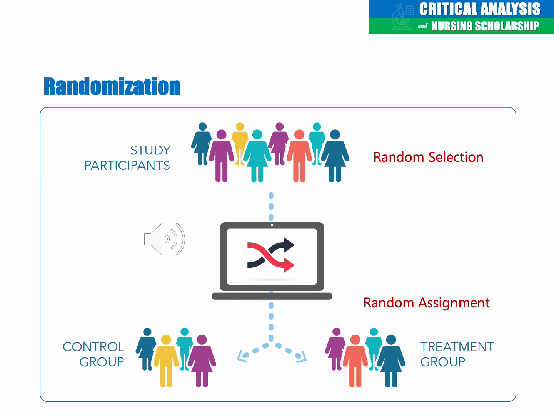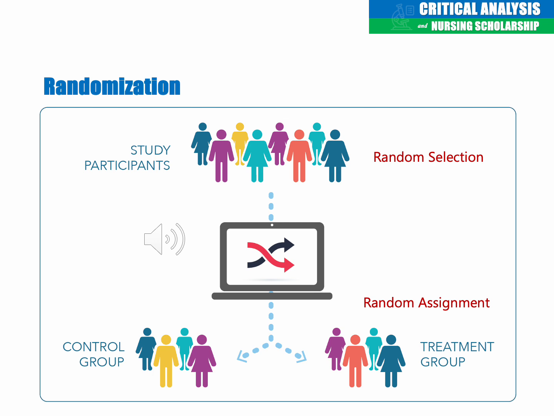Now, why is randomization very important? Randomization is important because if the groups are similar, any difference we observe after the intervention is more likely due to the treatment itself, not because one group was healthier or younger or motivated from the beginning.